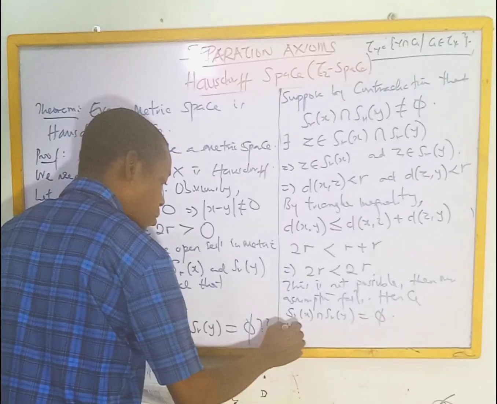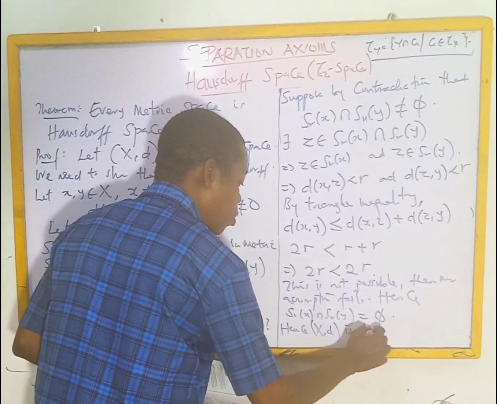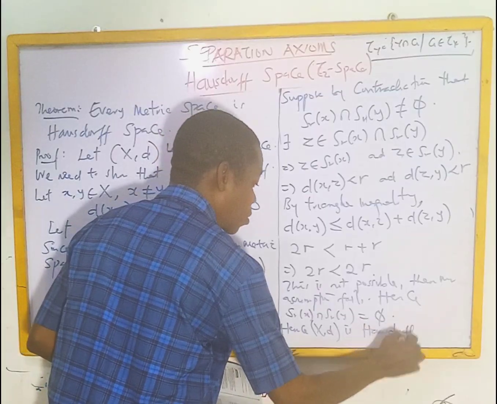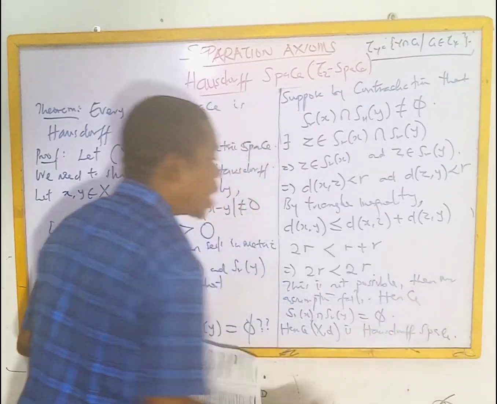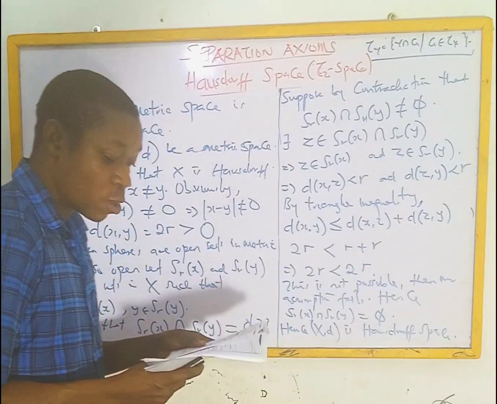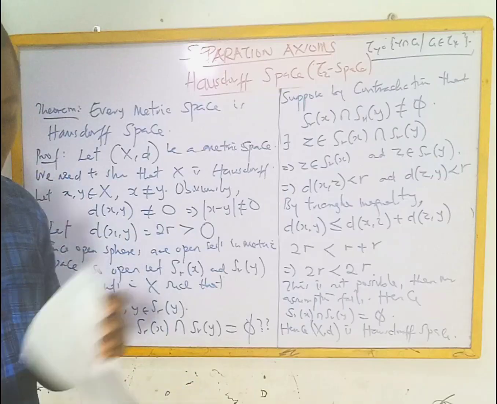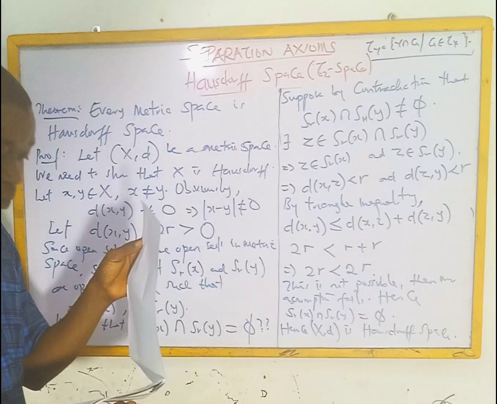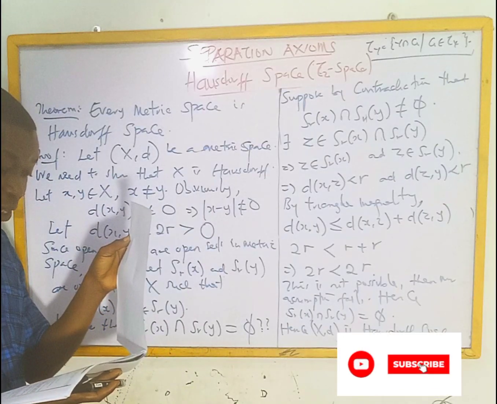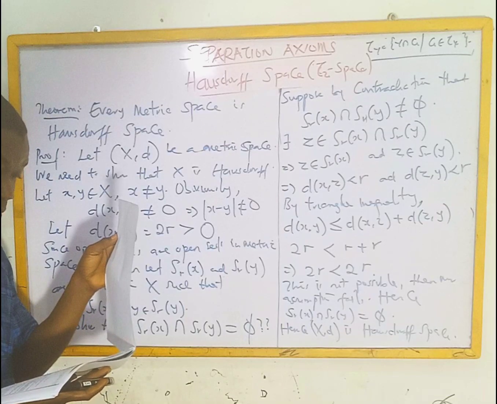Therefore, (X, d) is a Hausdorff space. Are you getting it now? That is how you can show that every metric space is a Hausdorff space. Very simple as ABC.